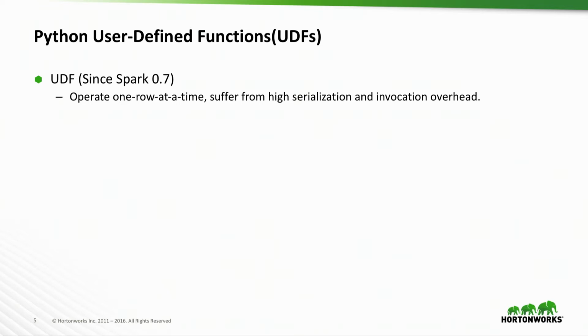But with the original Python UDF, we use it one row at a time, which means we transfer the data from the Spark JVM one row to the Python daemon, and then process it one row at a time. So this has a lot of performance issues. The big downside is there is a lot of packing and unpacking of rows, and the serialization and deserialization usually has a big impact on performance.